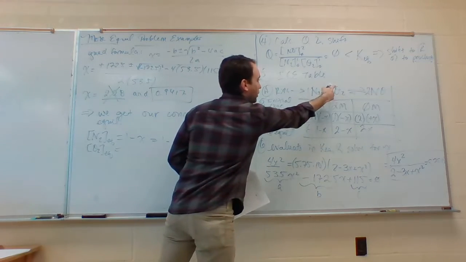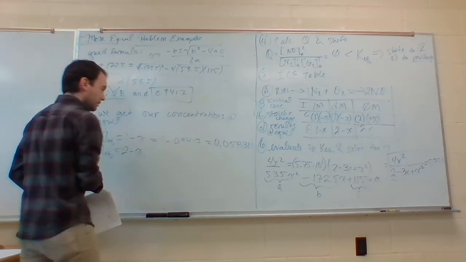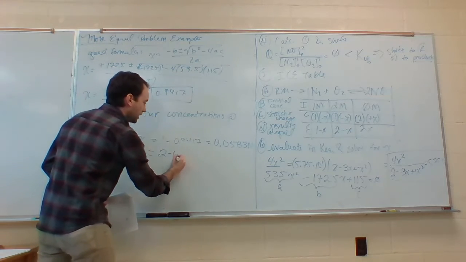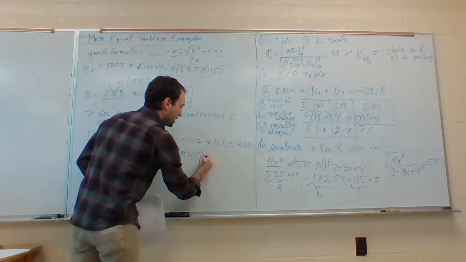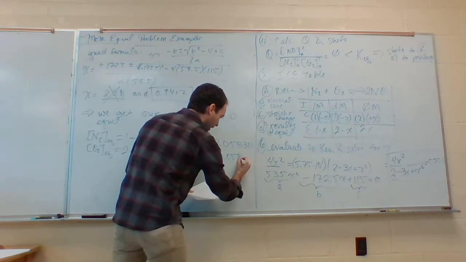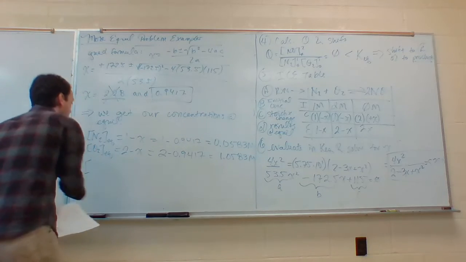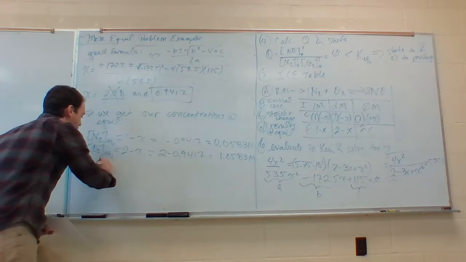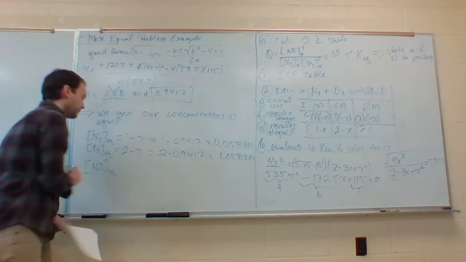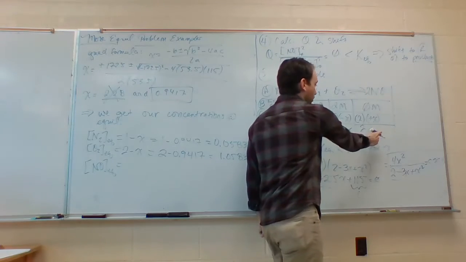Okay, I also need my concentration of O2 at equilibrium, right? My concentration of O2 at equilibrium is 2 minus x, which is equal to 2 minus 0.9417, which is equal to 1.0583 molar. Okay, and then I also need my concentration of NO at equilibrium.